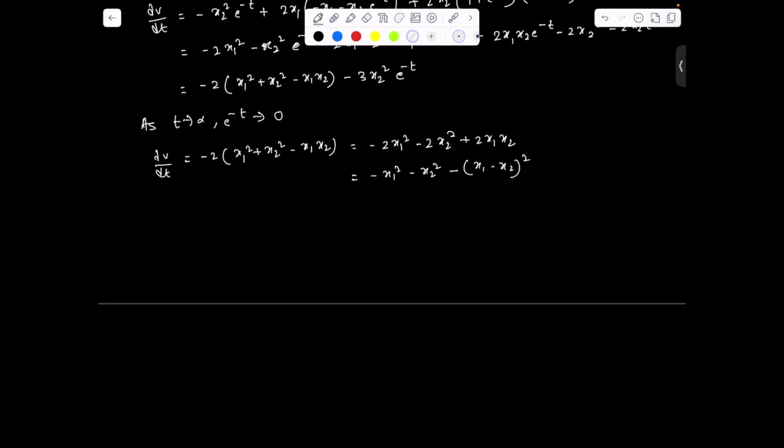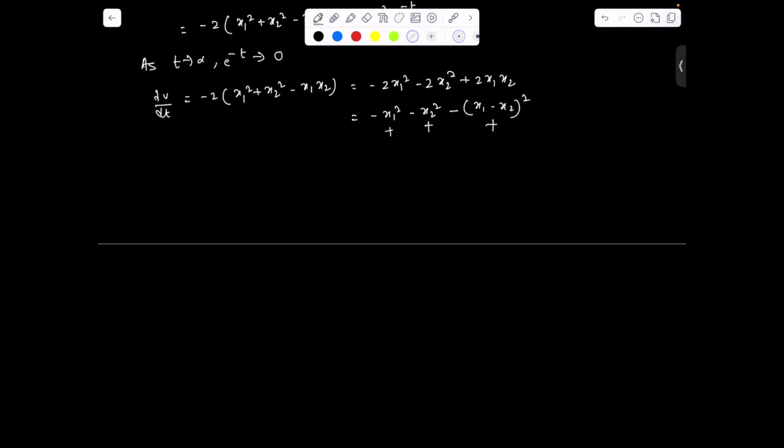So if we notice the individual terms for non-zero values of x1, x2, these are positive basically. So the whole value of dV/dt is negative. So hence we can write dV/dt is less than 0 for all x1, x2 not equal to 0.